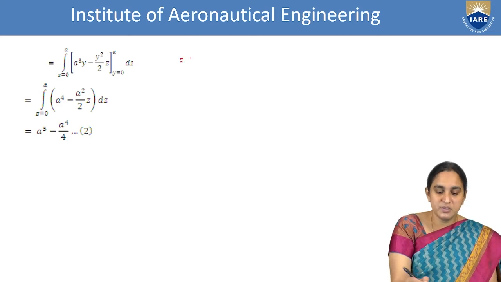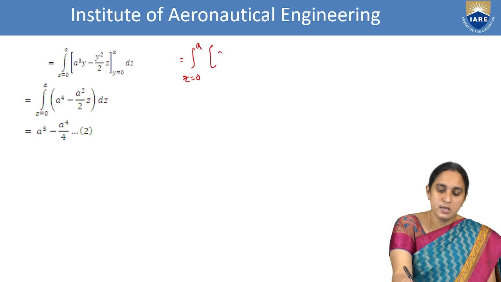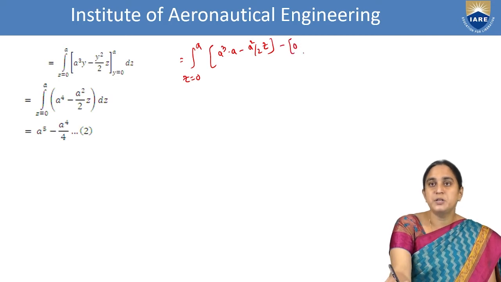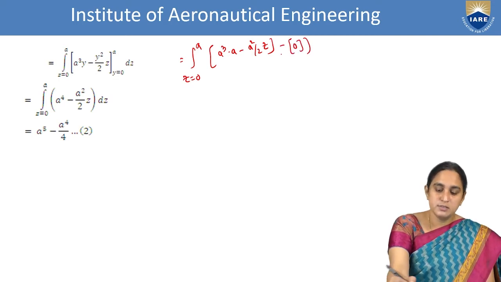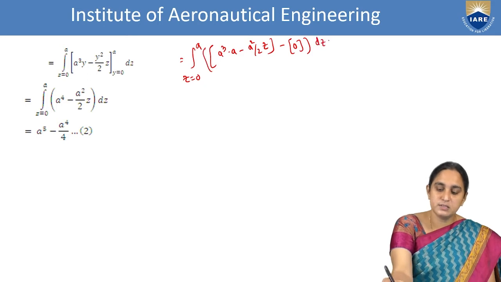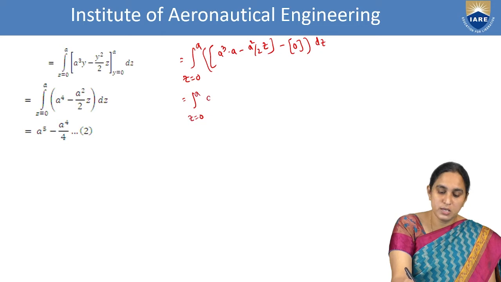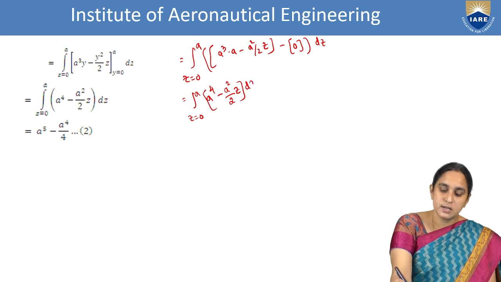From that, substituting the limit points, that is a cube into a minus a square by 2 into z, and after substituting the lower limit of y, that is 0, into dz, that is equal to integral 0 to a of a power 4 minus a square by 2 into z dz.